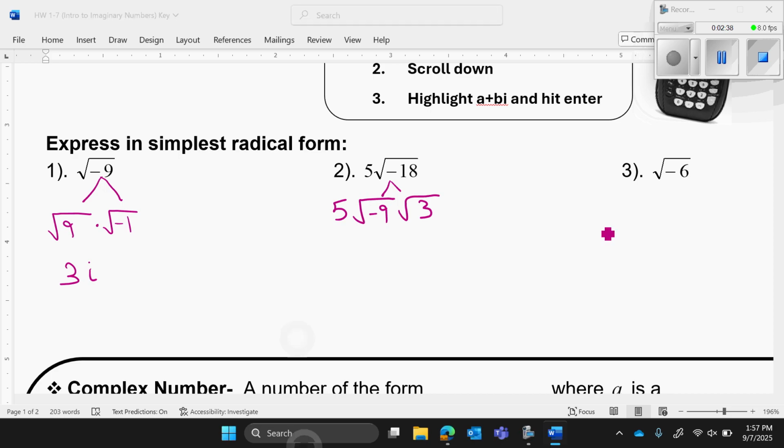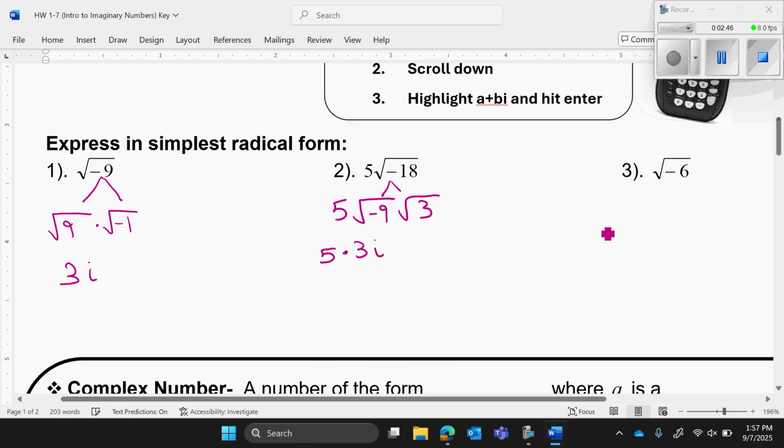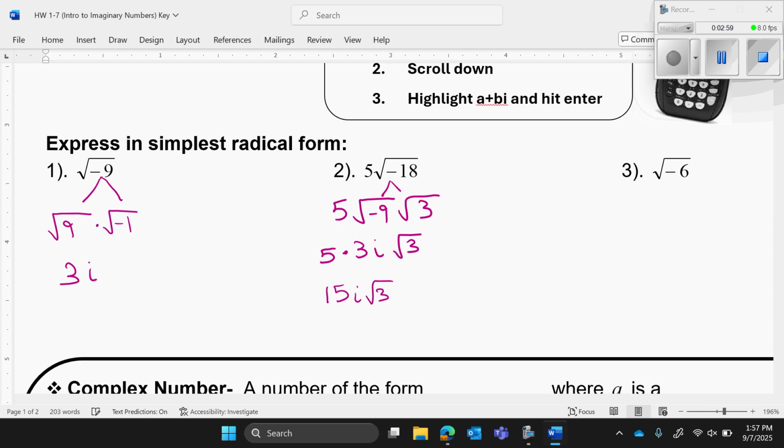So I have 5 times the square root of -9, which is 3. Because it's negative, I'm going to put an i. And then I have the square root of 3, which I cannot simplify. 5 times 3 is 15. We have an i. We have the square root of 3.